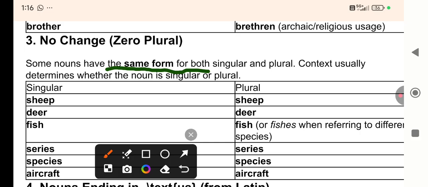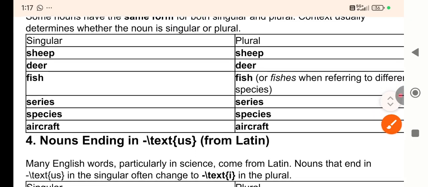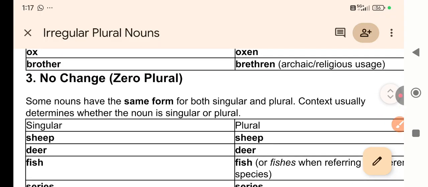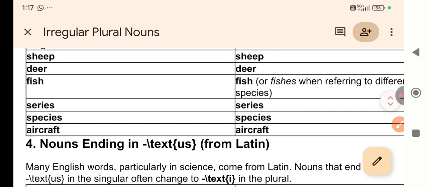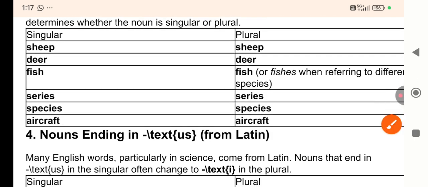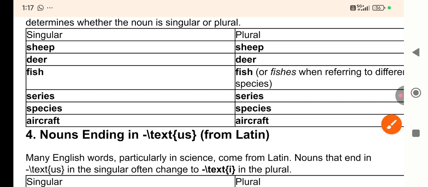Context usually determines whether the noun is singular or plural, so it will be judged by the context. Now, sheep, zero plural, right? So no change: sheep, deer, fish, series, species, and aircraft. I think you must have learned these words in your school days.